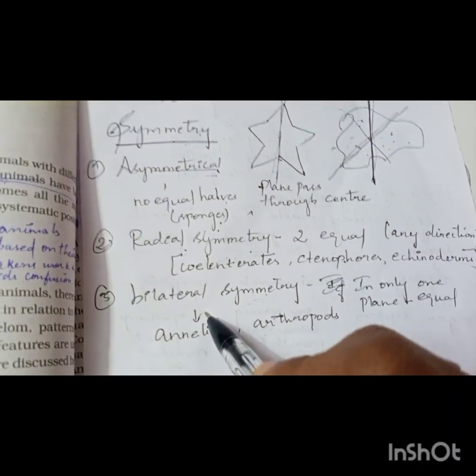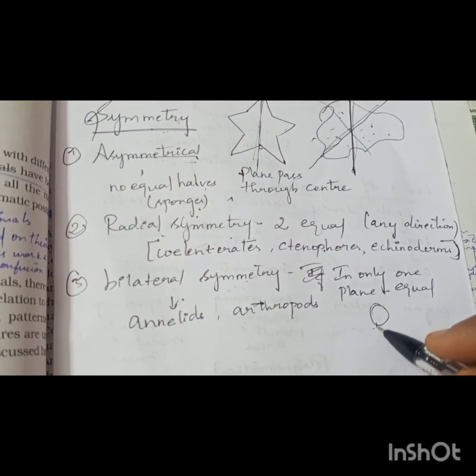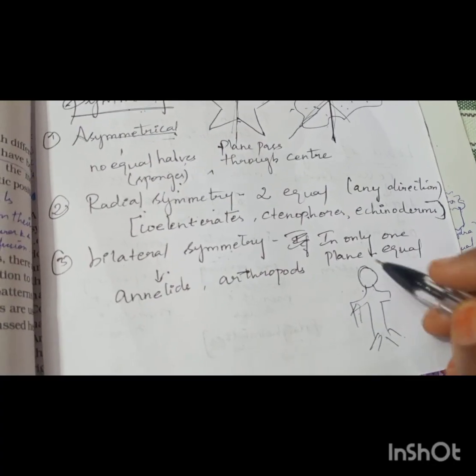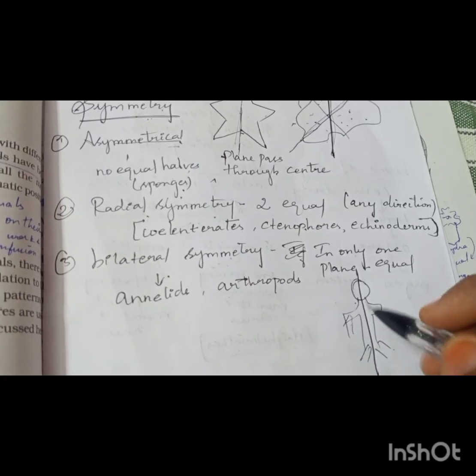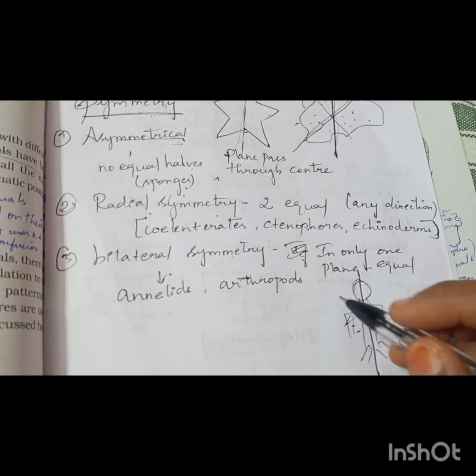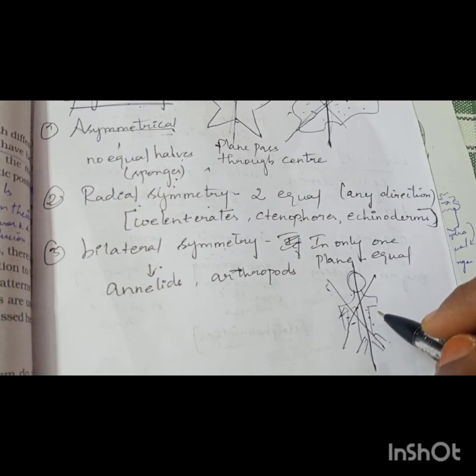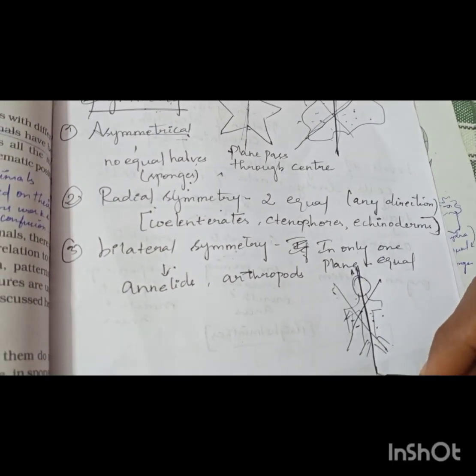In the case of bilateral symmetry, for example, let's take a human. So two hands here, two legs here. If I draw a line through this direction, I will get two equal halves of the body. But if I draw like this, I will never obtain equal halves. So only in one plane am I getting two equal halves.